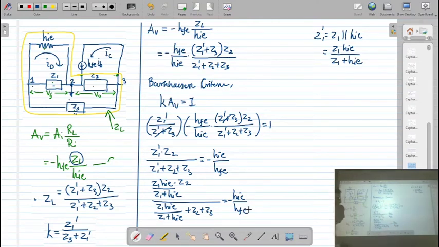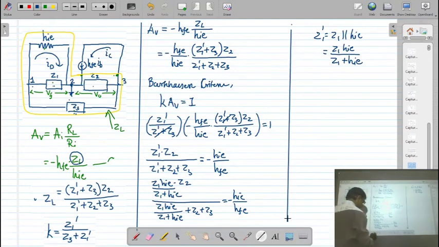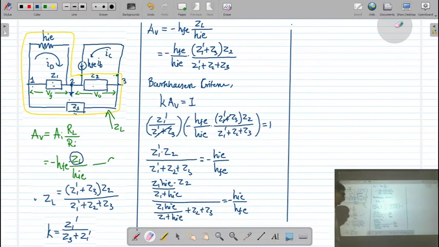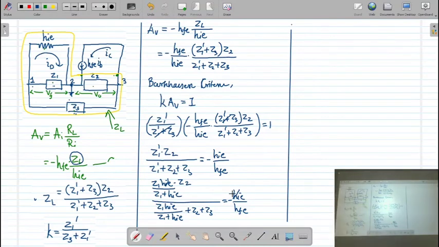And now we have to again simplify this expression. So what we will get here, the hie and this hie will be cancelled out, and Z1 plus hie in the denominator, in the numerator, it will be cancelled if we multiply Z1 plus hie with the Z2 and Z3.